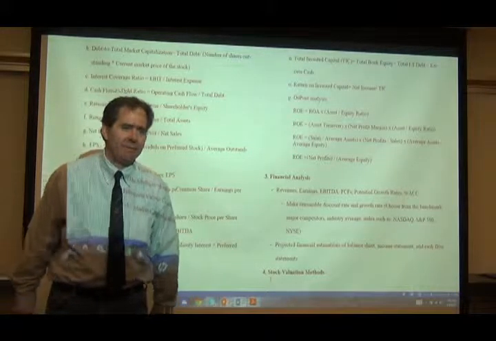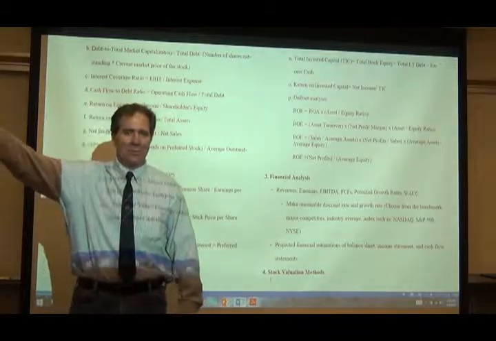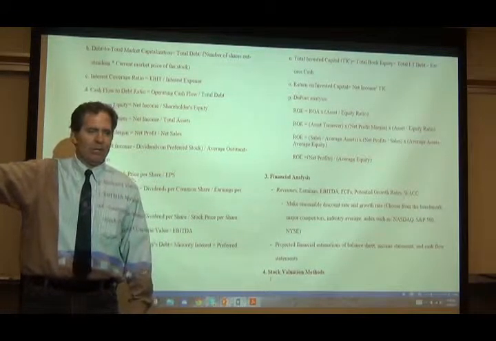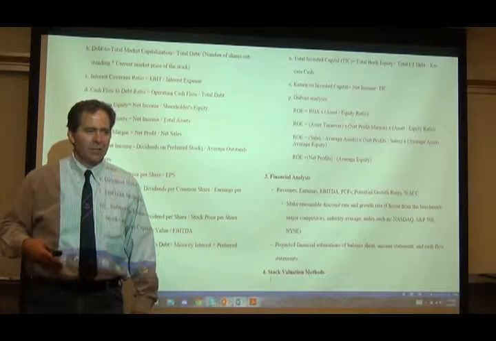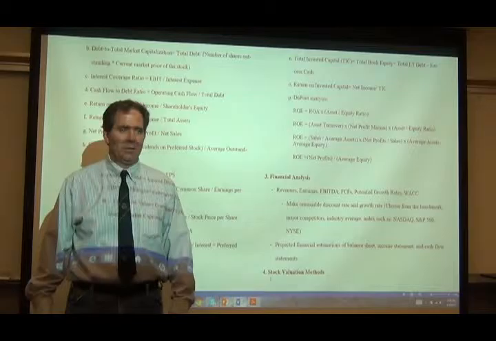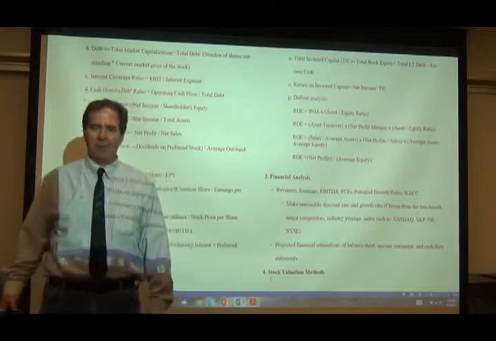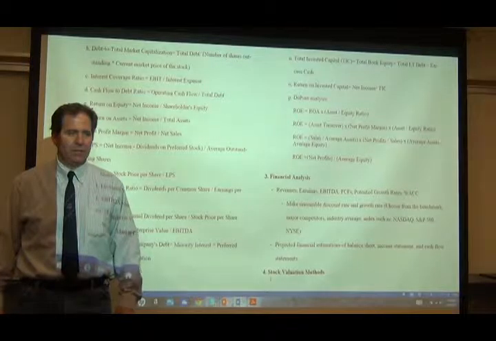Well, I can't use a negative EPS in the valuation process. I had to grow it out two to three years to get to a normal EPS. Or I had to use EBIT or EBITDA. I couldn't use earnings per share because they were negative. So I used EBIT and EBITDA per share to be able to get some kind of relative valuation, to get an idea of what the firm's value was.